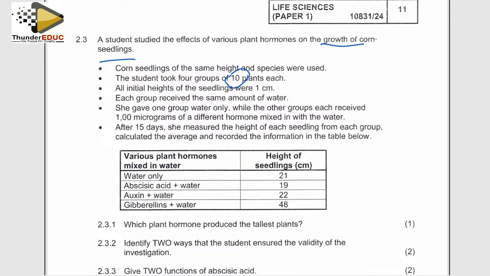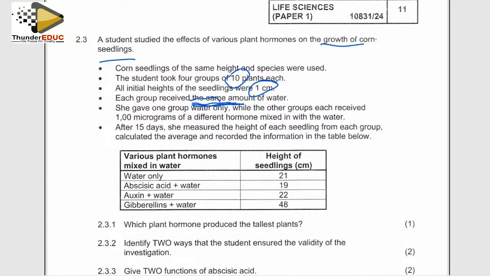The initial height of the seedlings is 1 centimeter. Each group received the same amount of water. You see, this is very important. Same amount of water, that could be the validity. The number in each group is 10, not 8, the same number. So those things of sameness.